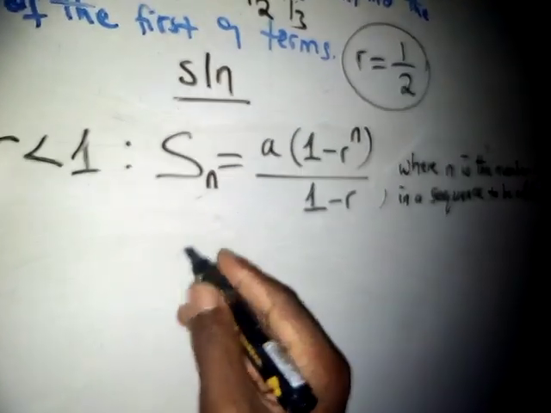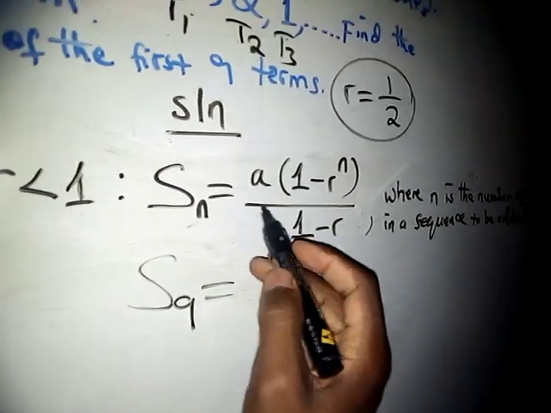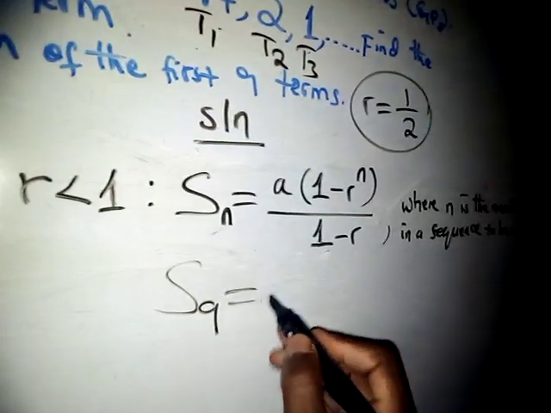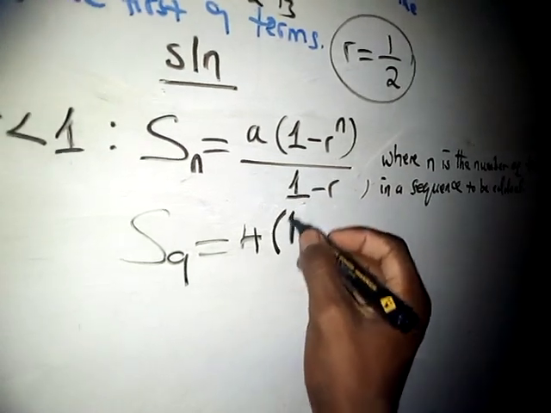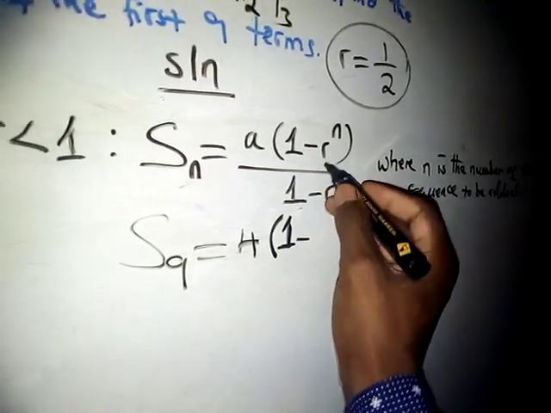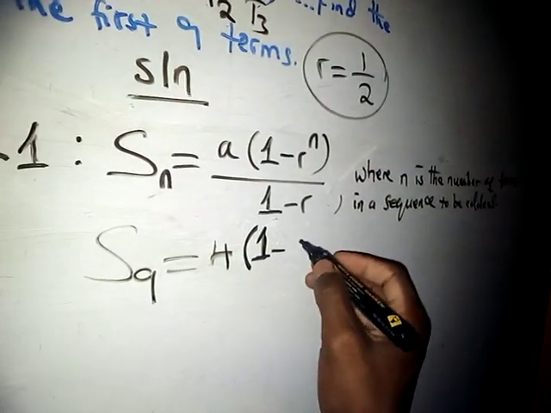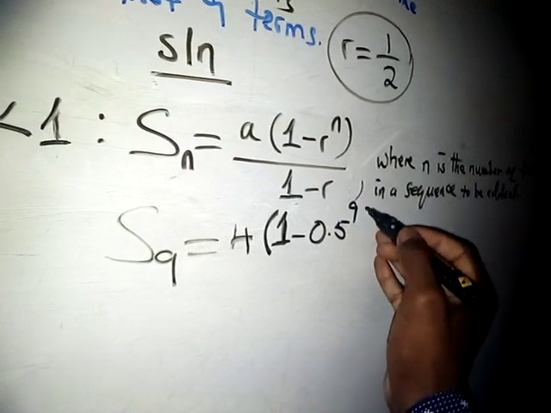So this will be the sum of the first 9 terms equals to, remember the A is actually the first term as 4, so put a 4 here. Then you open the brackets, you write 1 there, minus R, our R is 1/2, which is half, which you can write as 0.5 to the power 9.